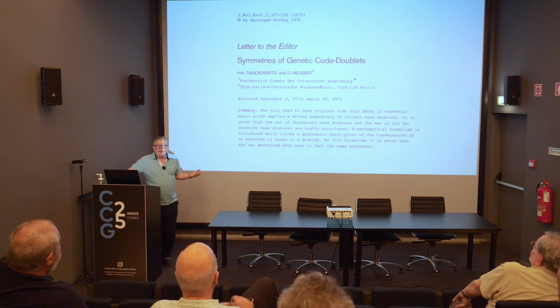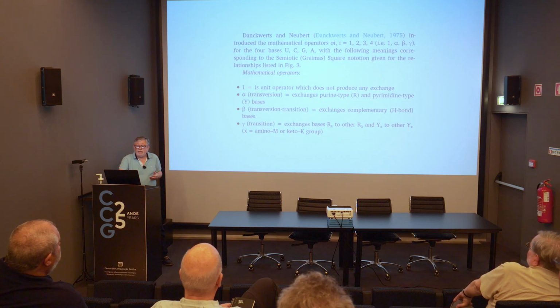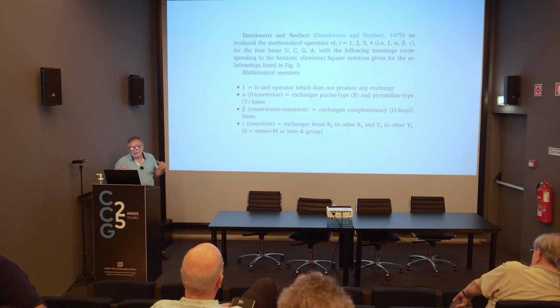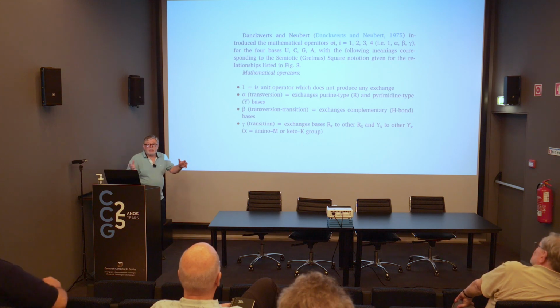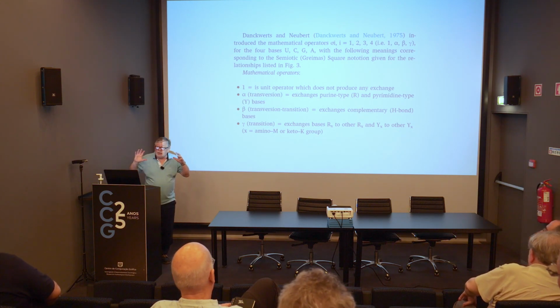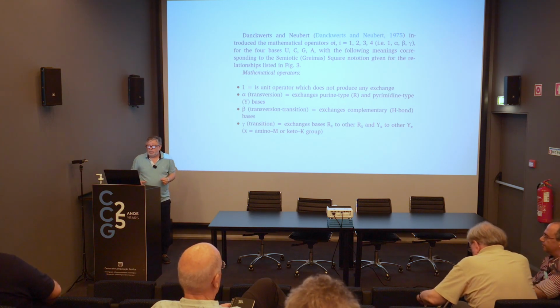So it's basically a solution to the Danckwerts and Neubert problem, when he used Klein groups and they extracted 3 operators and a unit operator. Now we know that according to IUPAC we can give symbolic names, addresses, to those operators.